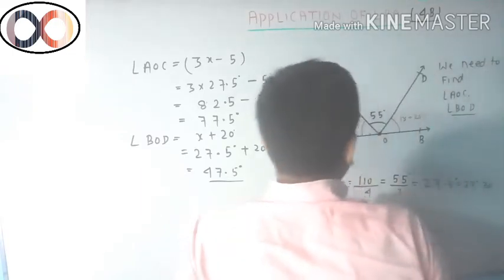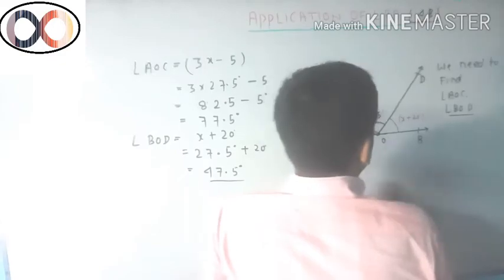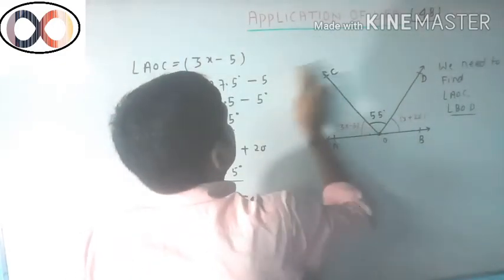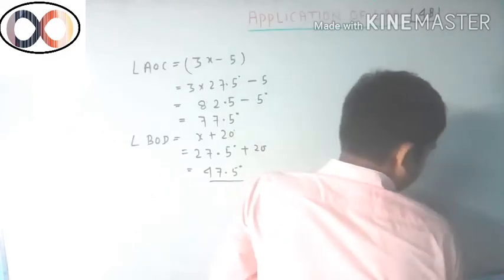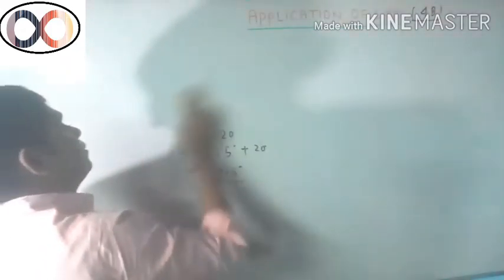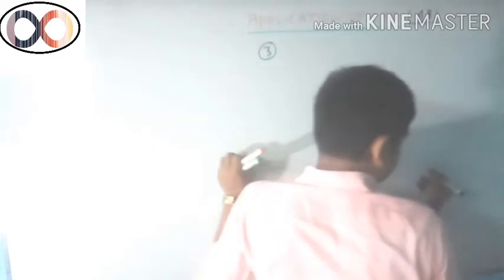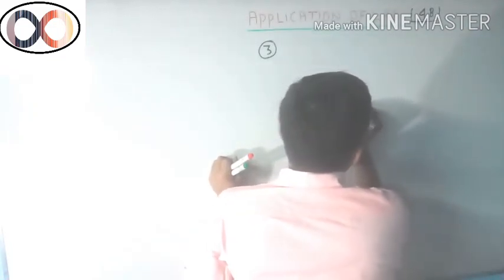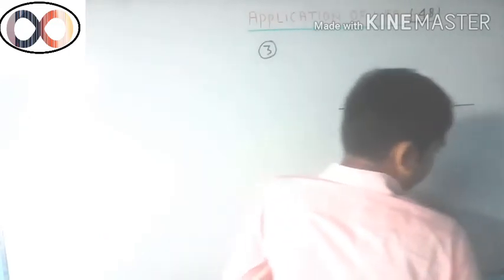That is the question number 3. You can see the question number 3. One of the straight lines is already given, and 2 rays are already given here.